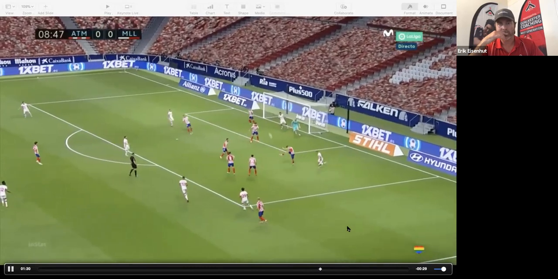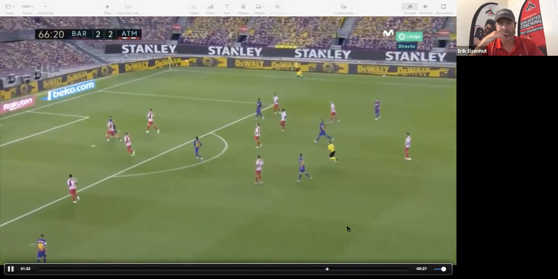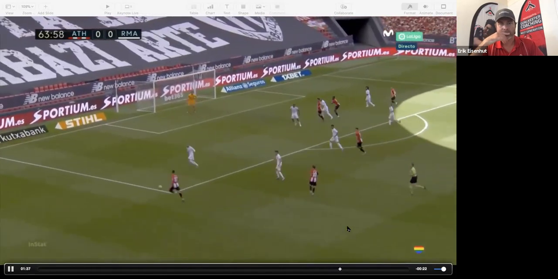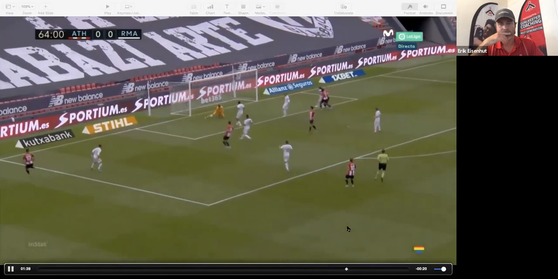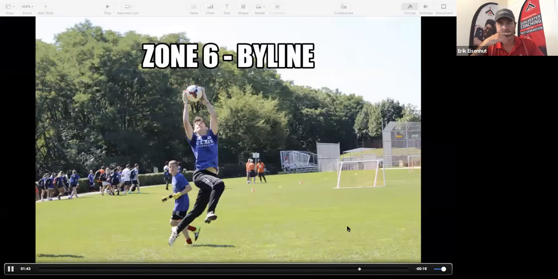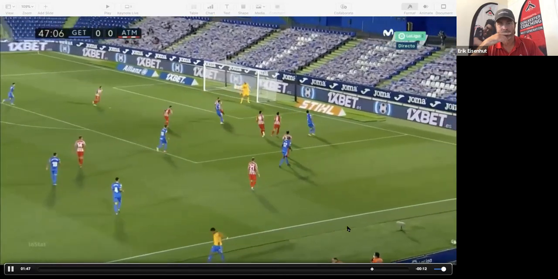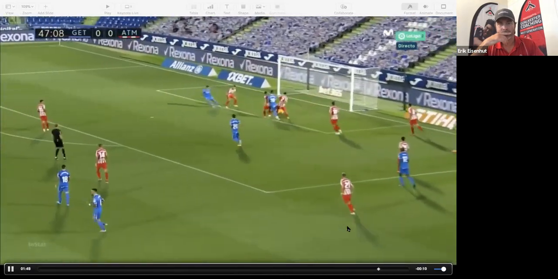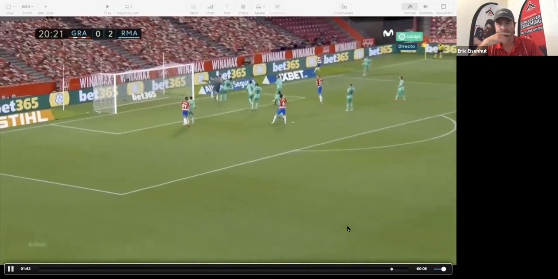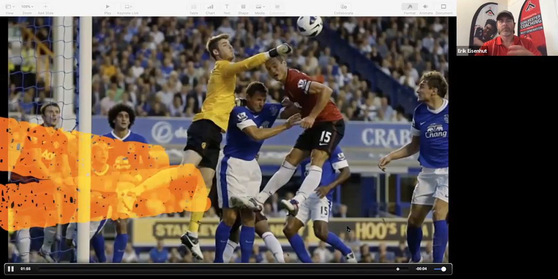Vaya el centro ahora de Yuri, la pone Yuri, se le escapó en primera instancia Courtois. Atención que viene el Granada con potencia. Segundo palo. Carlos Fernández que llega al remate.